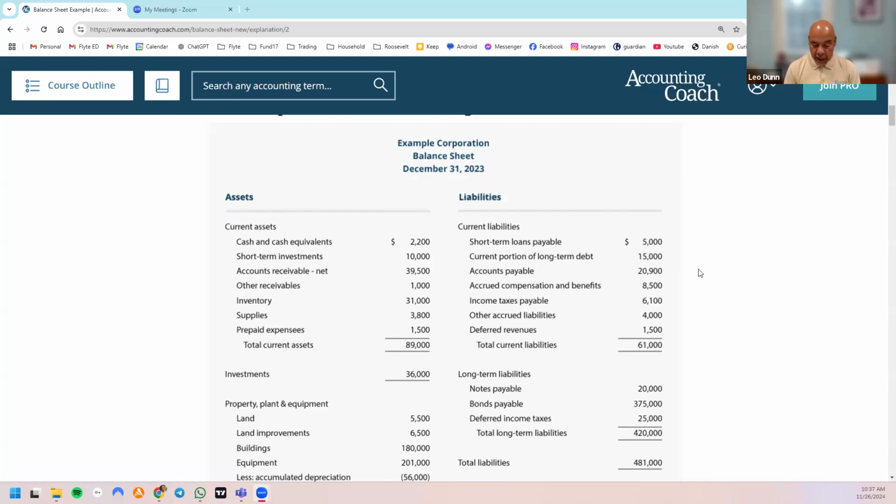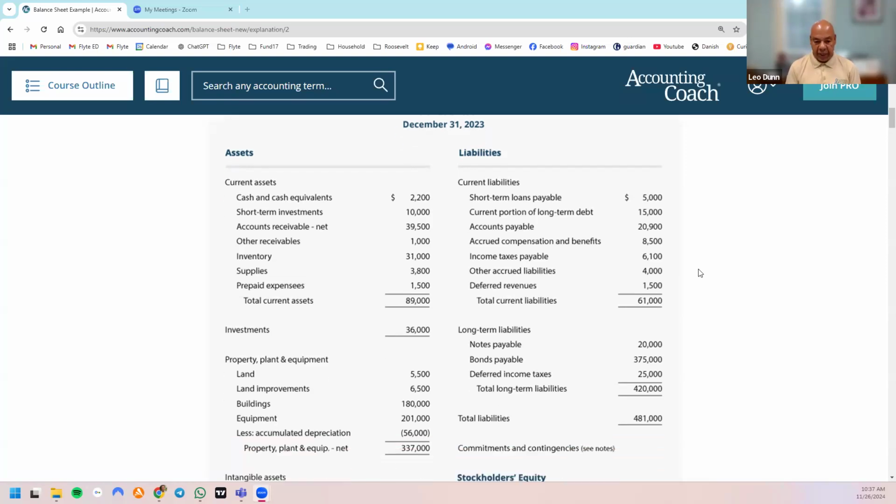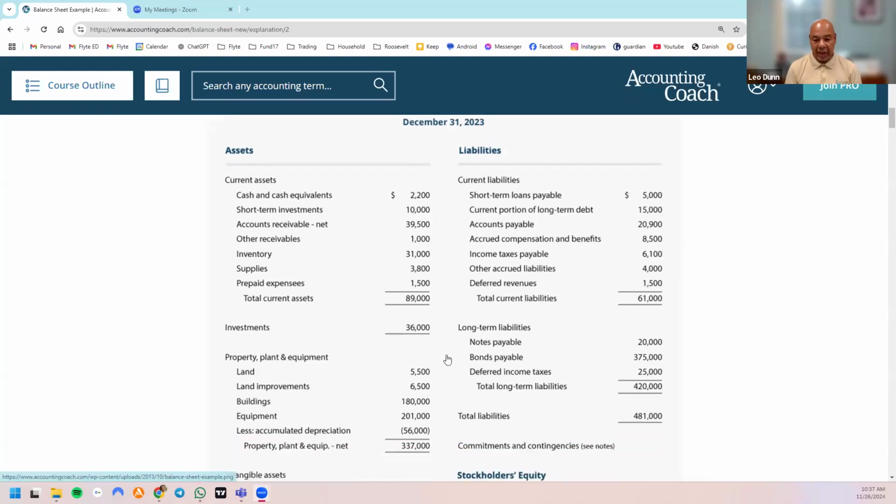Bonds payable. If a business uses bonds to finance its operations or the purchase of equipment, those bonds are basically a loan, a promise to pay back. Those bonds are normally stated over a period of time in which they would become due.